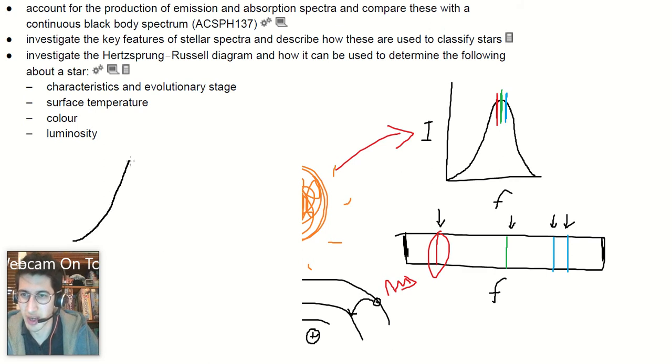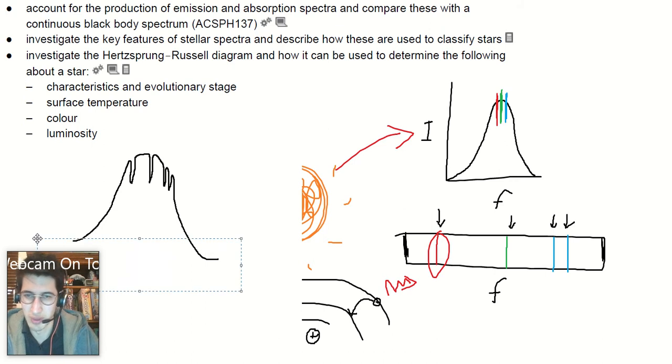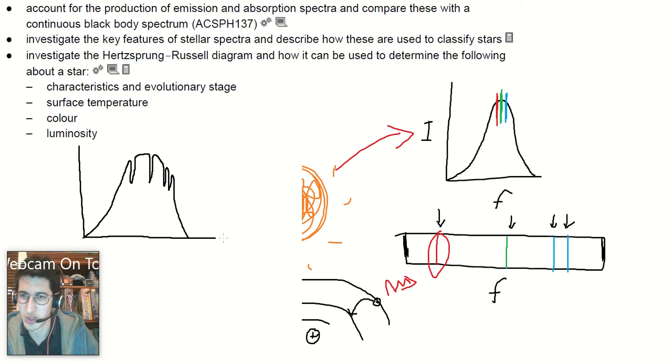However, where that red line appears, zoink, it's absorbed a bit of that light. And then the curve keeps going, but at that green spot, zhunk, it's absorbed a bit of that light. And then at those blue spots, zhunk and zhunk, it's absorbed those lights, and then it's coming down. So this is the normal black body radiation curve, except with some chunks taken out because the hydrogen has been absorbing those chunks.